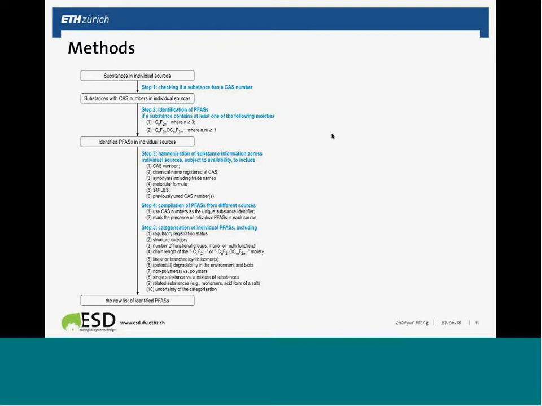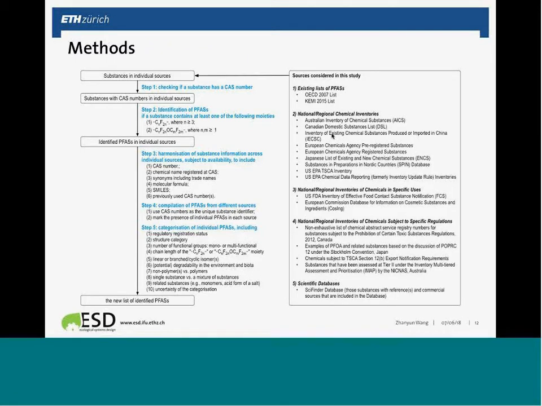We included 10 elements, for example, regulatory registration status, if it has been registered in any regulatory list. And we categorize them based on the structure, the number of functional groups, and chain lengths. In total there are 10 elements, and this forms the new list of identified PFASs.